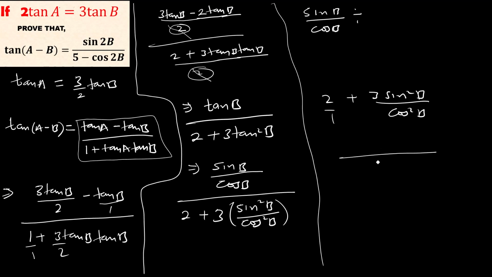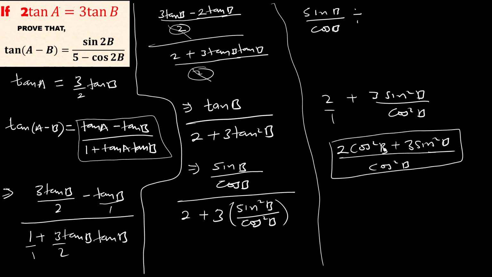Let's find the LCM. The LCM is cos squared B. So 1 into cos squared B is cos squared B. So it will multiply 2 here, plus cos squared B into itself is 1, so we have 3 sin squared B.